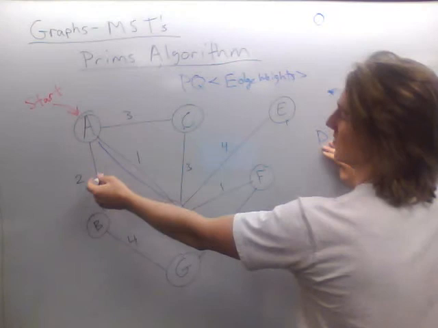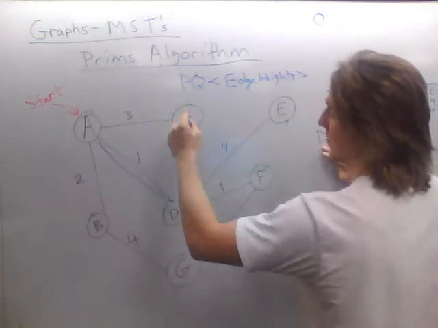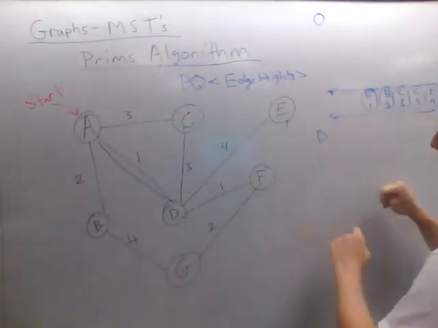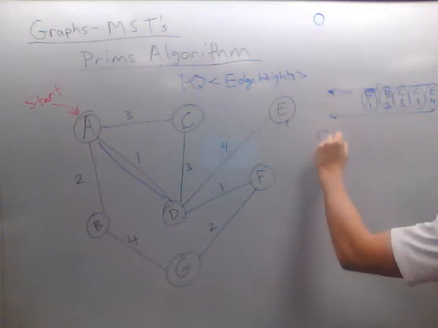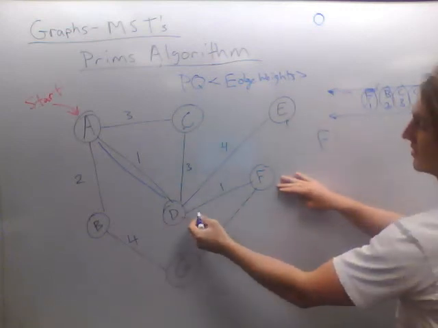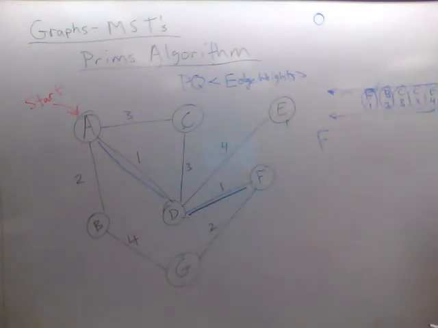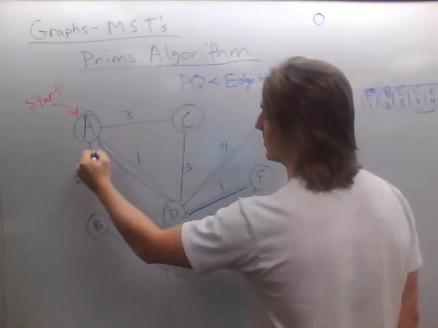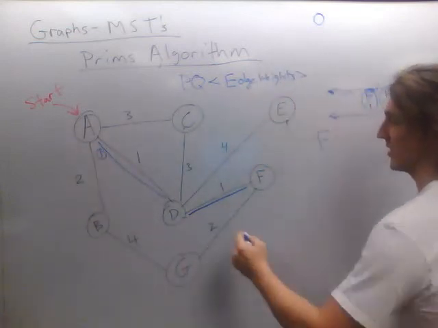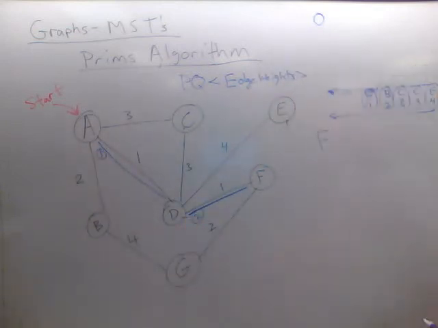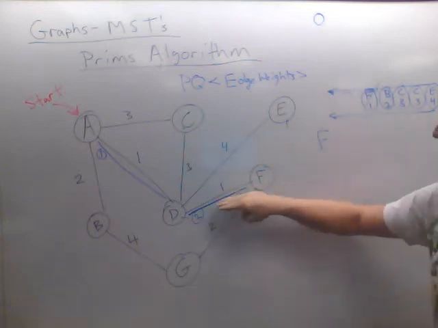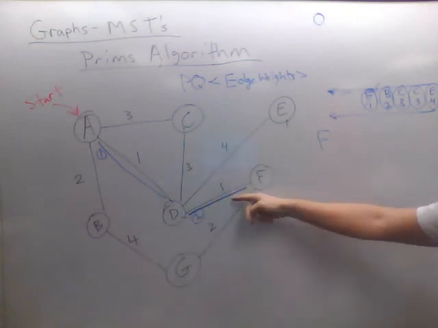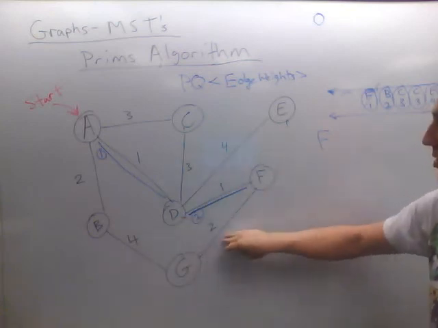So we have all of these edges available to us. So we pop the next element out of the priority queue. We have visited F. So we take this DF edge here. Now let's go ahead and label these edges as we go along. So this is the first edge I select. This is the second edge I select. So from F, I can get to D with weight 1, but that's already been visited, so I don't need to add it. Or I can get to G with weight 2.